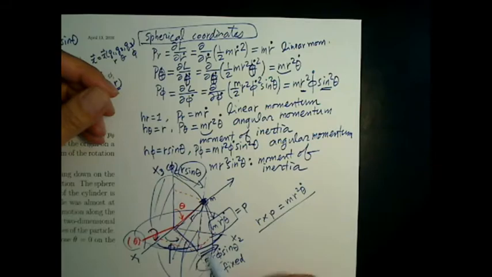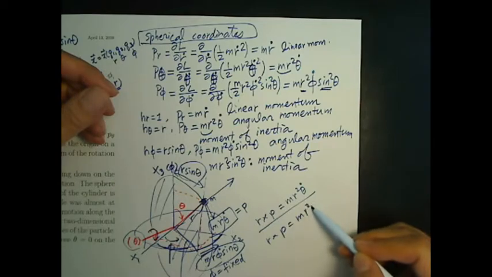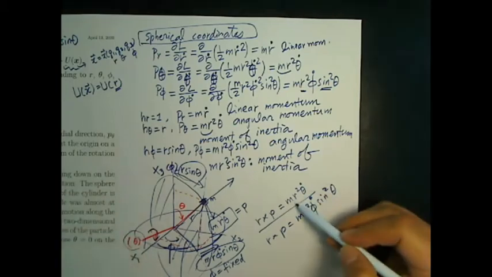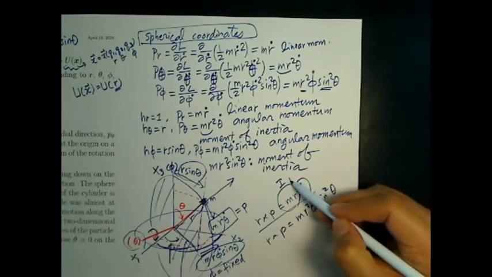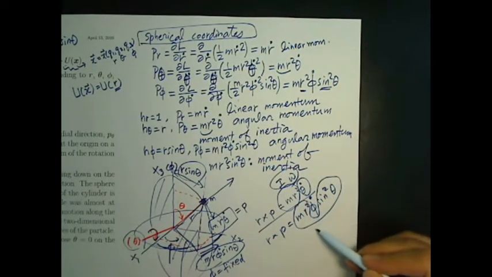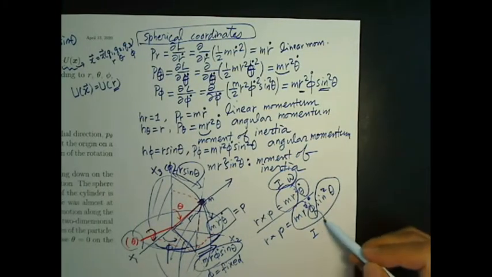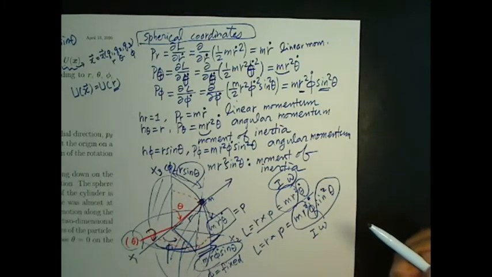So this one times this one, r cross p equals m r squared phi dot sine squared theta. So this one behaves as a moment of inertia, and phi dot behaves as omega. So I omega, that is orbital angular momentum.